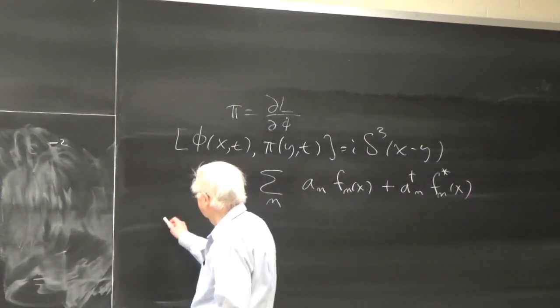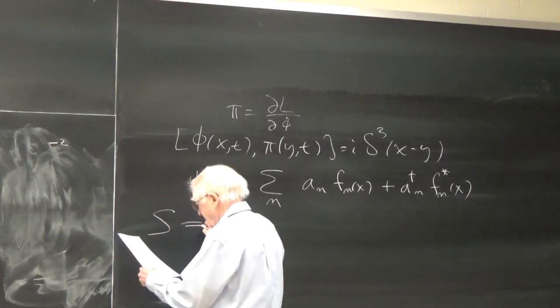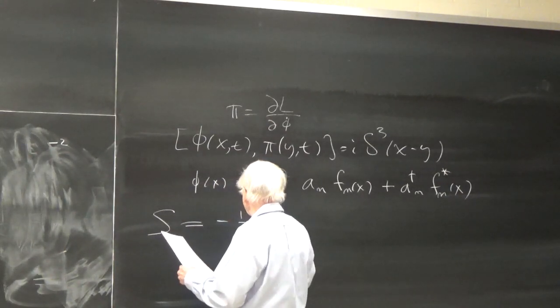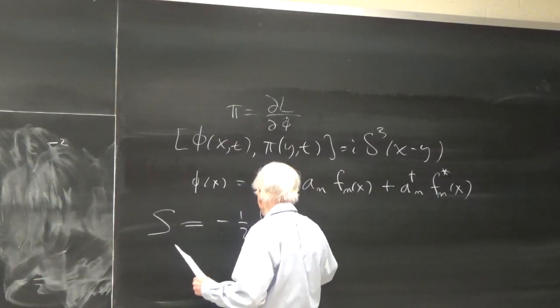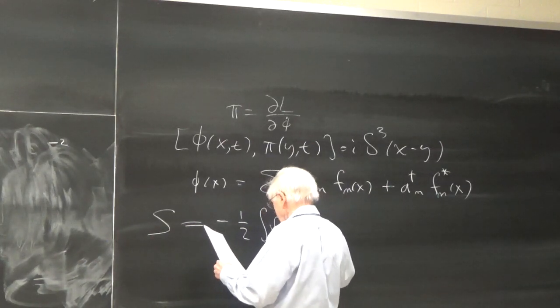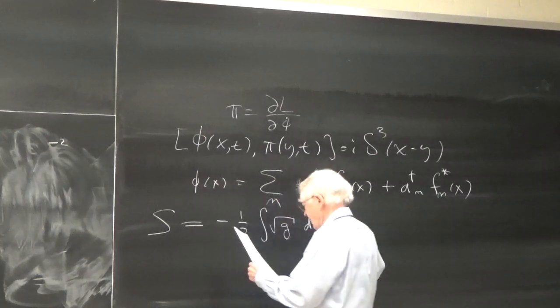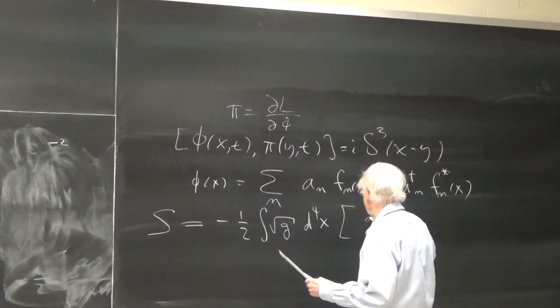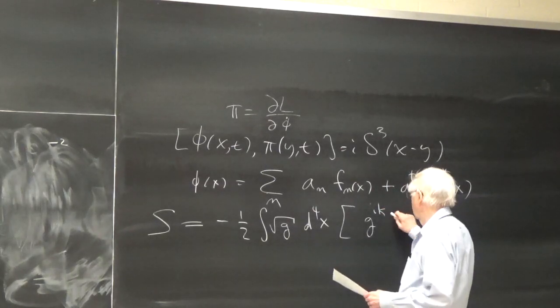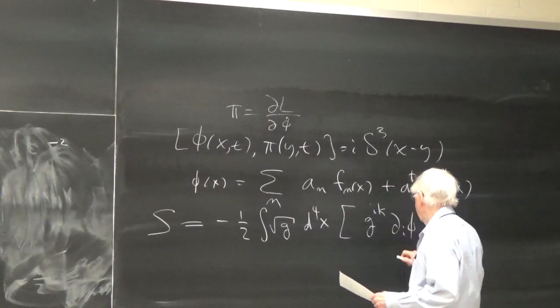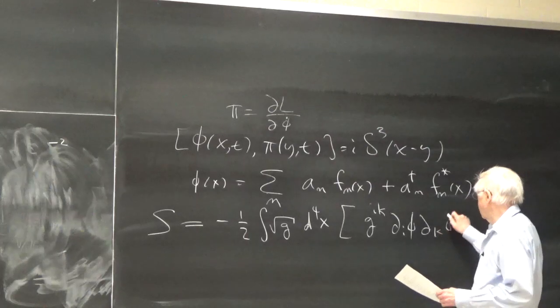And let me write down the action of the field. It's minus a half integral of square root of g d4x g^{ik} d_i phi d_k phi.